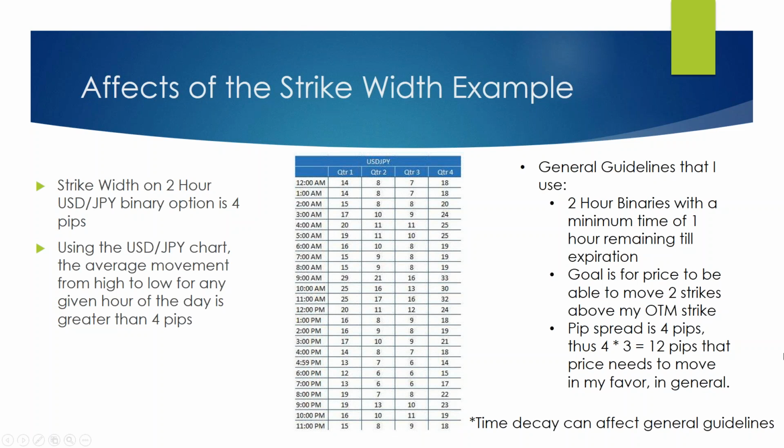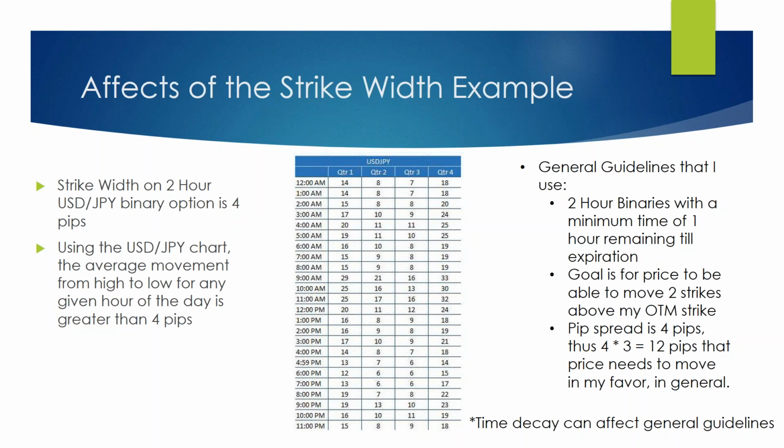The general guidelines that I use for a 2-hour binary, I go in with 1 hour remaining. That means at the top of every hour, I'm usually going in a binary option. My goal is to have price move in my direction at least a minimum of 2 strikes.